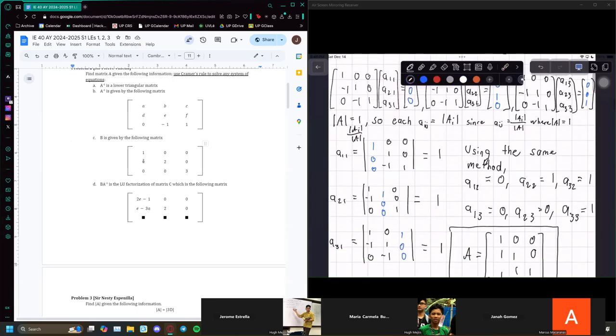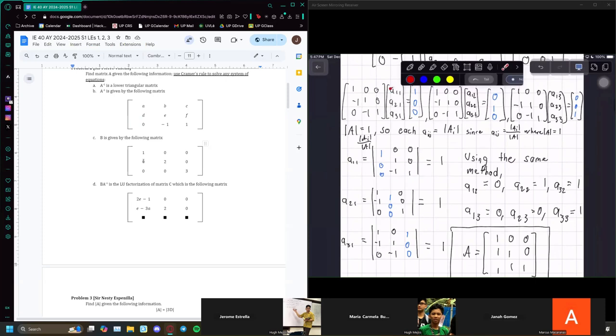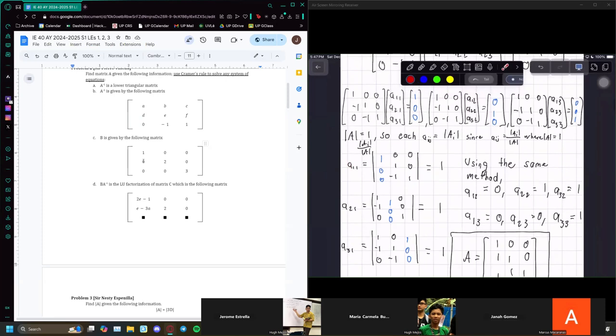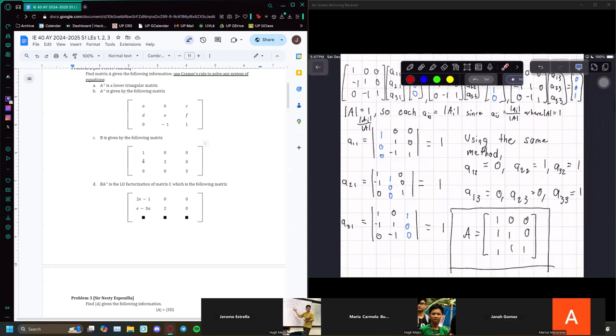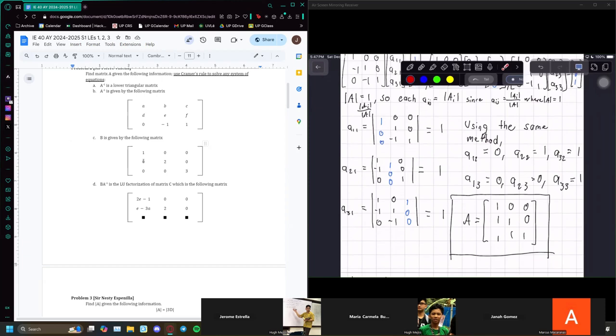So I did a sample here. For A11, our Ai is going to be, if you replace the first column with this matrix on the right, which is color coded, guys, it's doable. So you get the determinant of that, A11 equals 1.